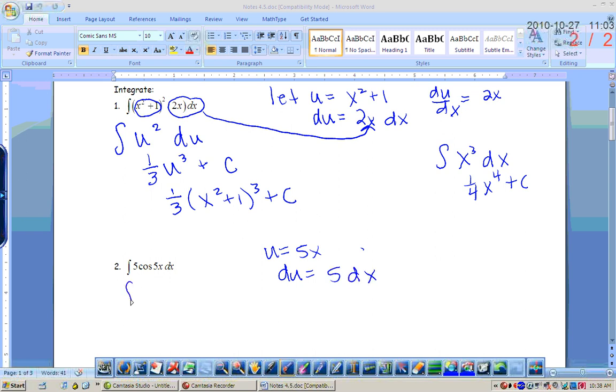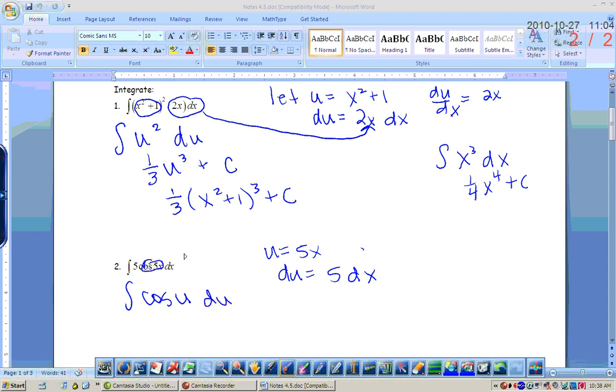All right, so let's try and substitute here. It's not written in exactly the same order for it to be so obvious that the substitution works, but the cosine 5x part right there could be written as the cosine of u, and then I do have 5 dx, which is du.